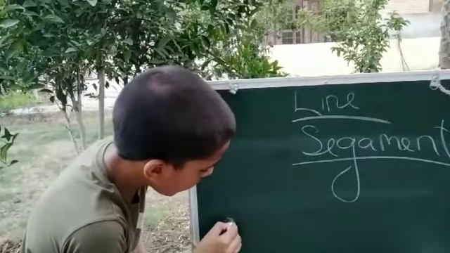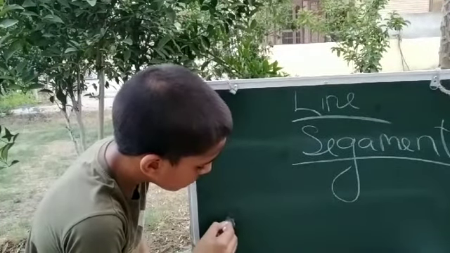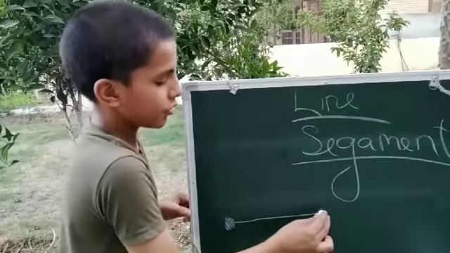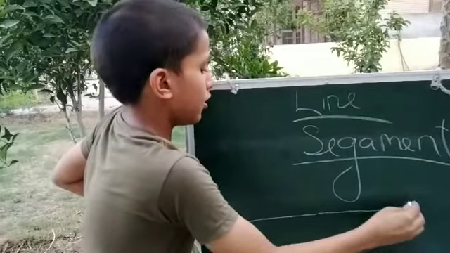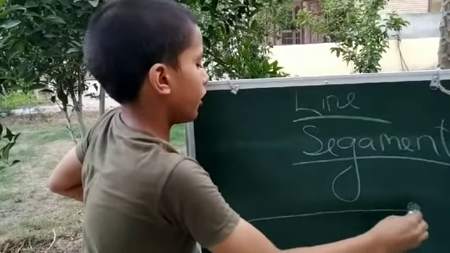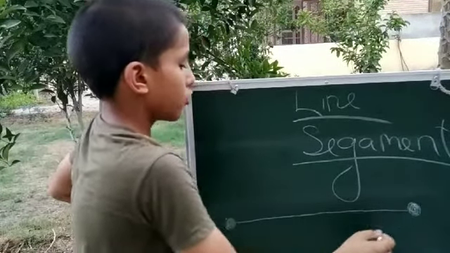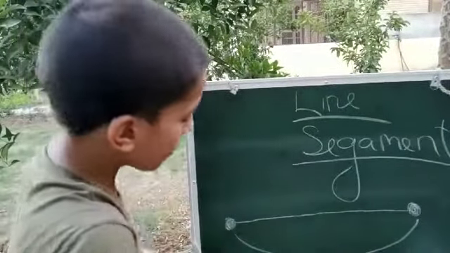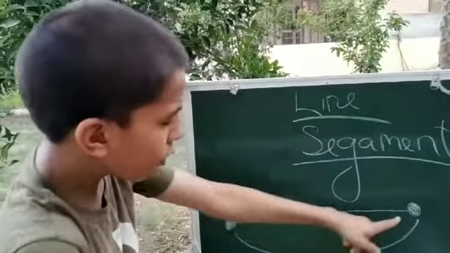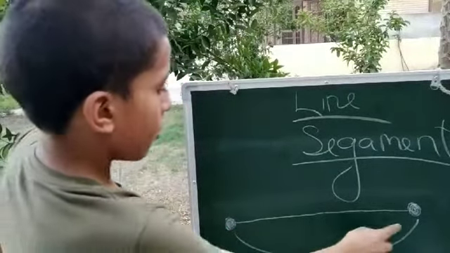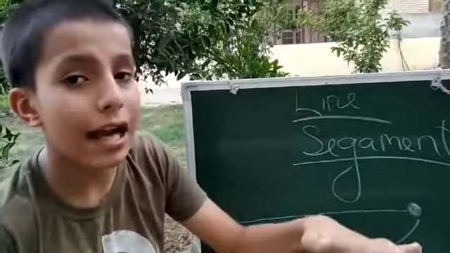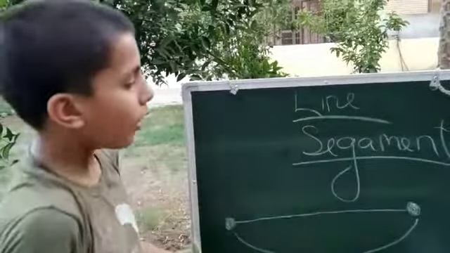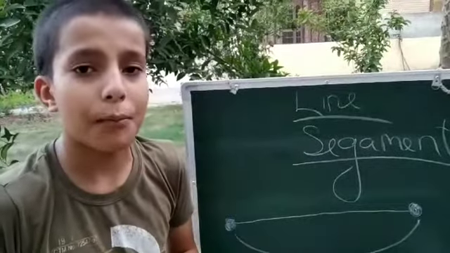Like I make a point here, and I draw this line straight, and then another point, like a dot, at the end. So there is a starting point and an end point. When there are two points and the line ends, it is known as a line segment.